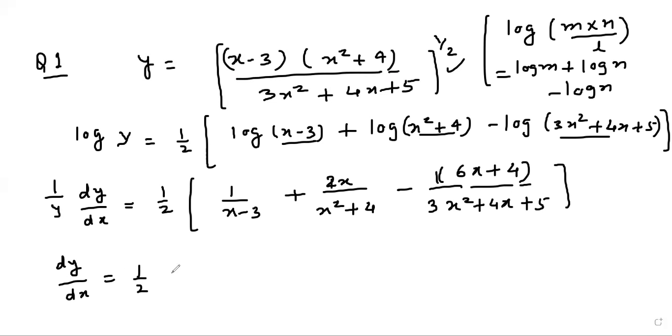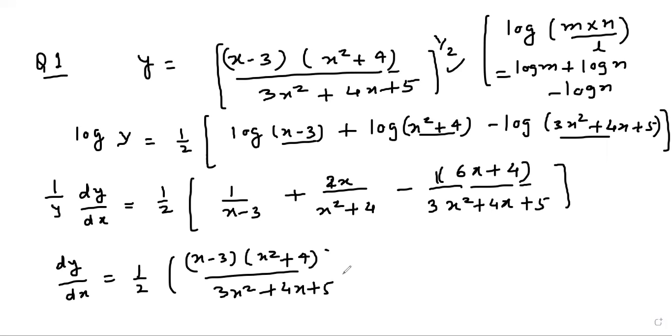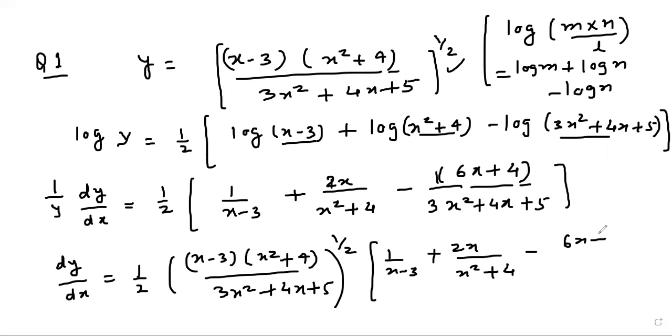First we write 1 by 2, then we write (x minus 3) times (x squared plus 4) divided by (3x squared plus 4x plus 5), whole power half, times this thing: 1 upon (x minus 3) plus 2x upon (x squared plus 4) minus (6x plus 4) divided by (3x squared plus 4x plus 5), which is our answer.